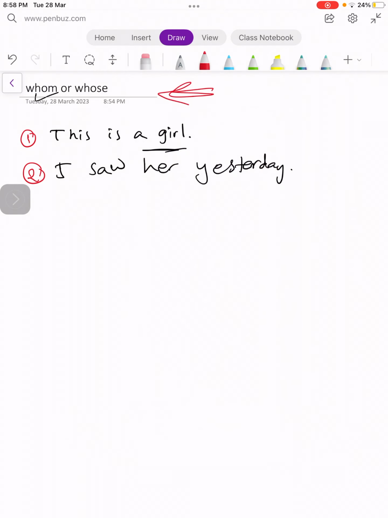So let's see that in this sentence I have a pronoun, which is an object pronoun. So her here is an object pronoun. Okay, because it's an object pronoun, I am going to use the word whom.